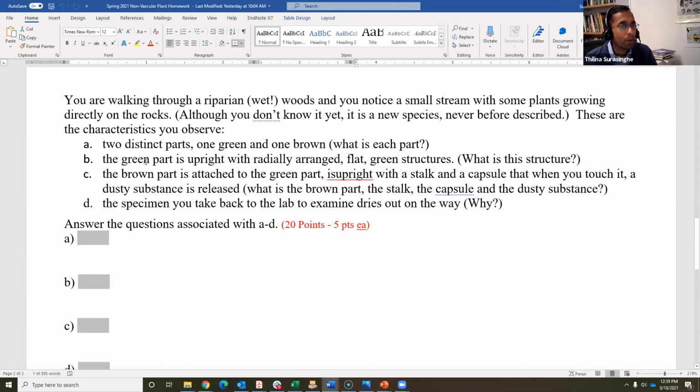And then B, what specifically is the green part? And what are these leaf-like structures coming out of the green part? And then what are those structures coming out of the brown part?